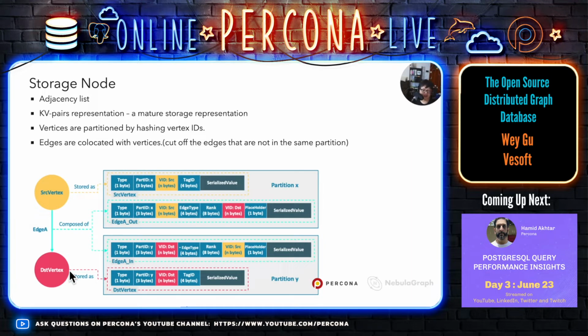The gain from this design is that whether you traverse from this point or from here, you can have the destination information co-located, in O(1). And that's basically the design of the storage node.